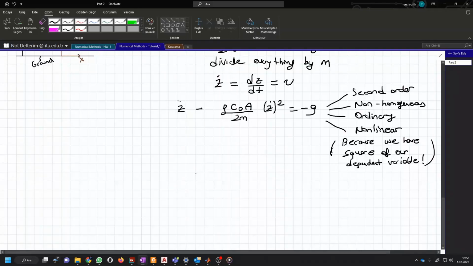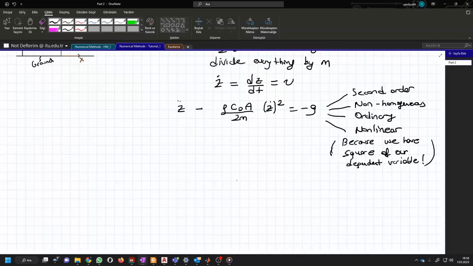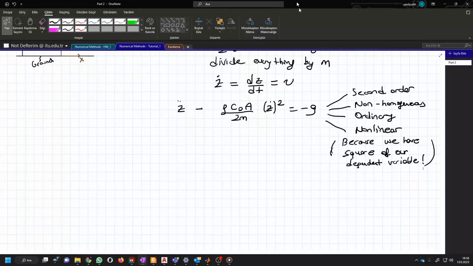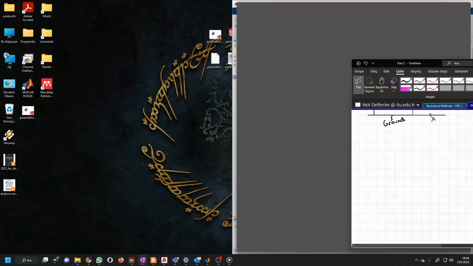My concern here is that nonlinear differential equations can sometimes be cumbersome, if not impossible, to solve analytically or by hand. I'm not going to solve this equation by hand, but I'm going to use Wolfram Alpha for this purpose. So let me arrange my windows accordingly.